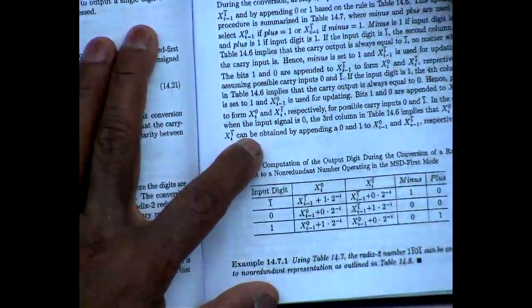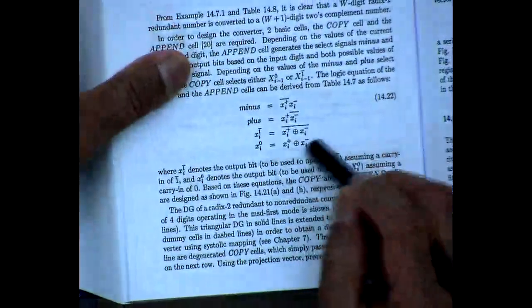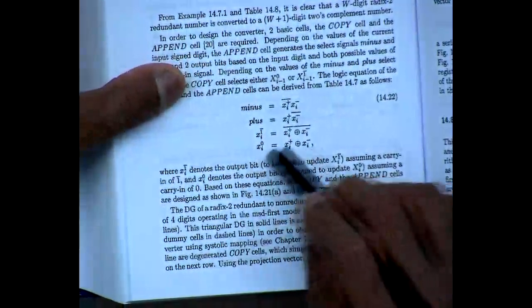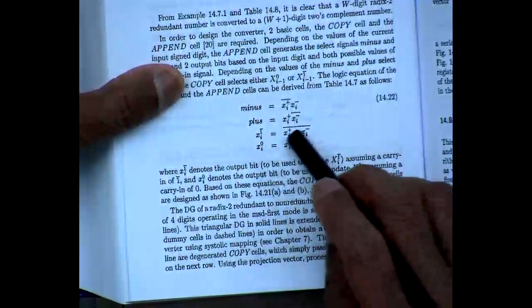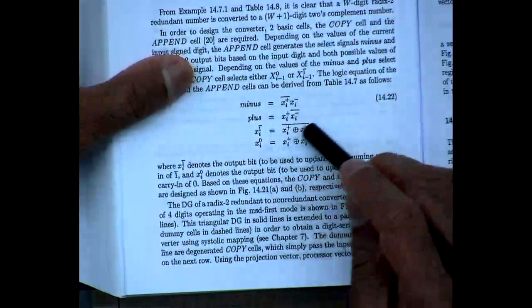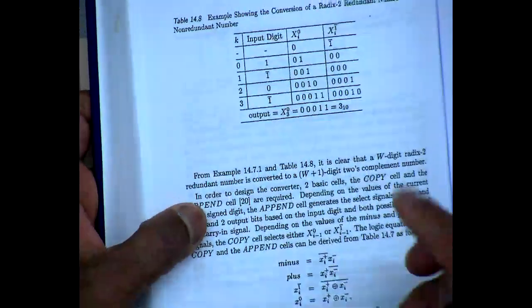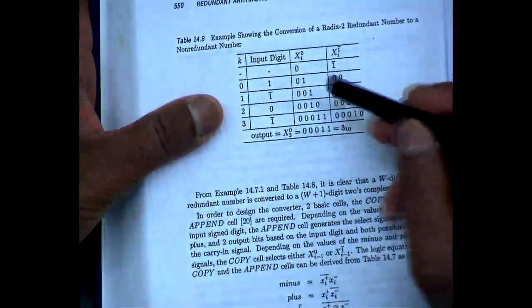So if the digit is 1 bar or 1, which means either 1 0 or 0 1, then we take the exclusive OR, and then xi0 is 1 in that case. xi1 bar is 1 when the input is 0, so that's either 0 0 or 1 1, and we take the exclusive NOR.